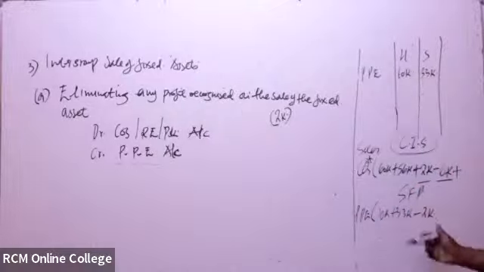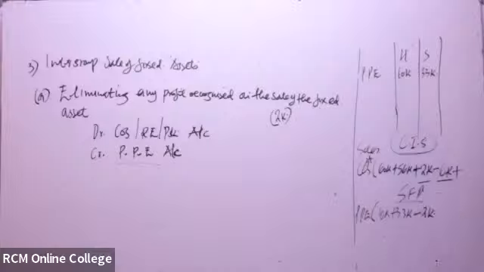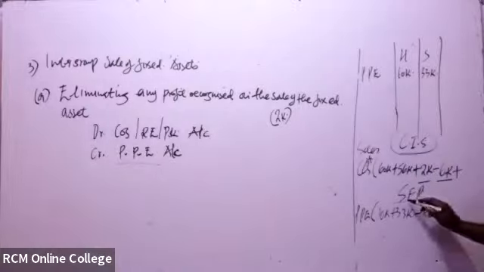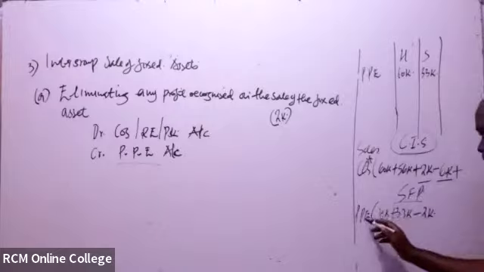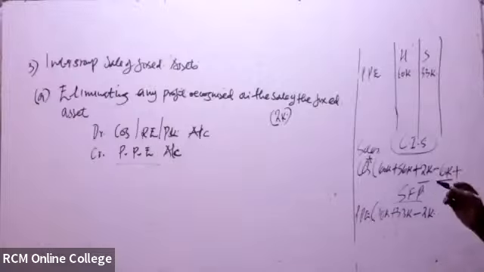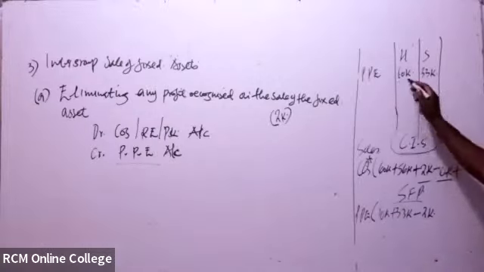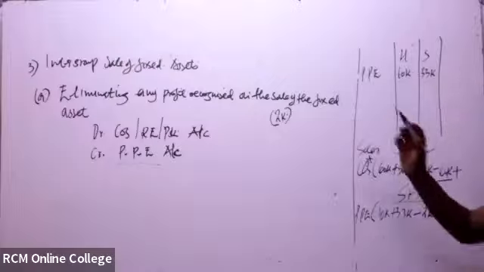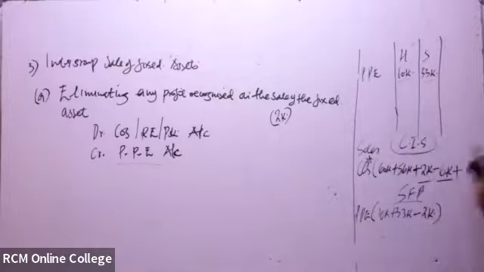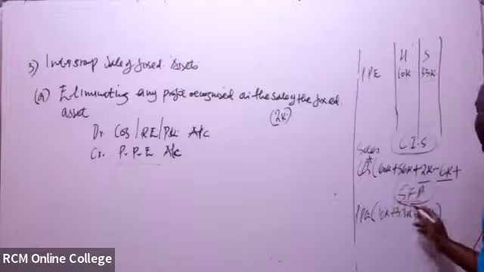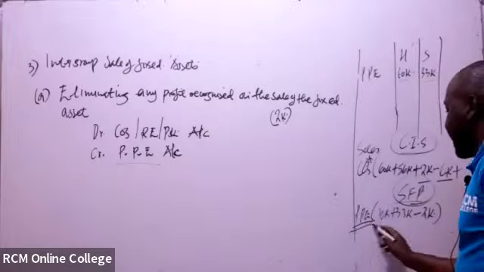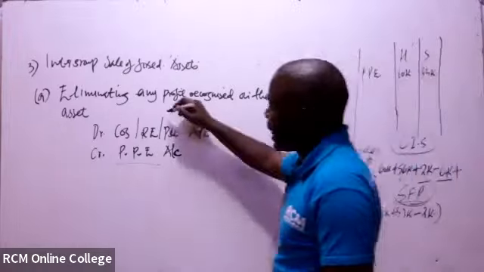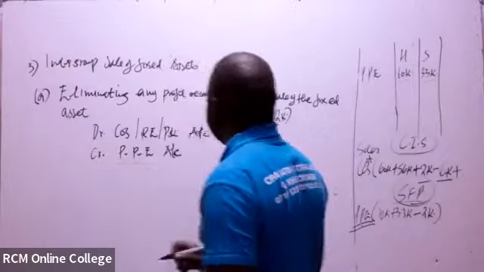So it means in this case, we'll be consolidating here. We'll comfortably start preparing our SFP, but now the first item, property, plant and equipment, we add line by line 10 plus 33, but you have to remember that we deduct, so that we get the correct figure to go into the SFP as property, plant and equipment.